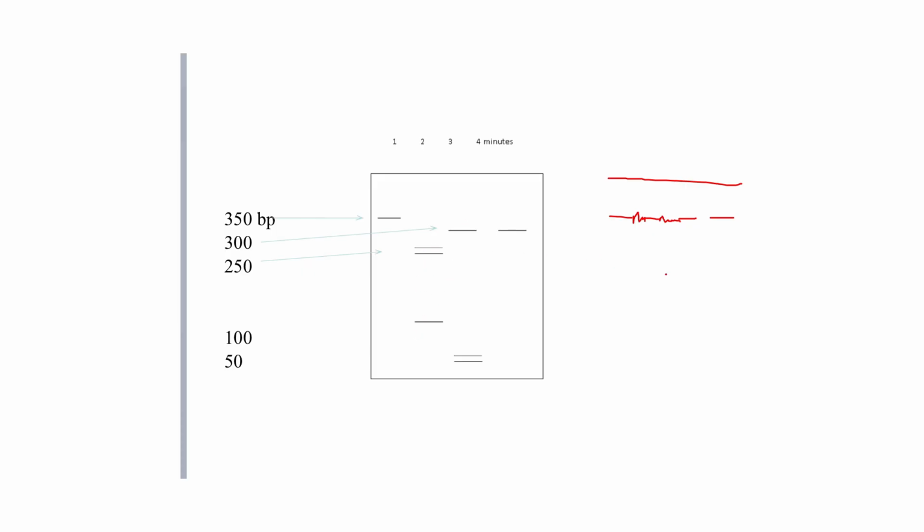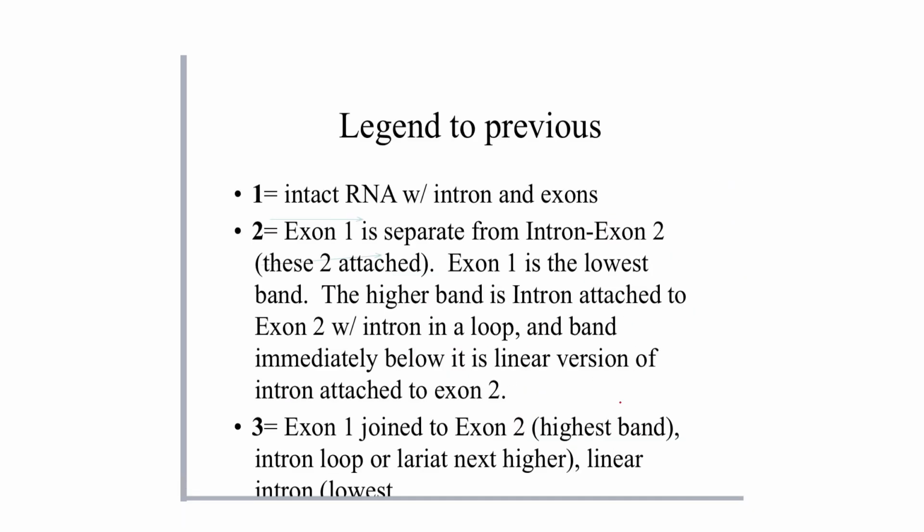At time 3, now we have a whole bunch of lariats forming, as well as more synthesized mRNA, okay, which are these two right here, and at time 4, the RNA is no longer present. Why? Because it left the nucleus. There's nothing there. Okay. So again, these are the labels right here that you guys can see on lanes 1, 2, 3, 4.